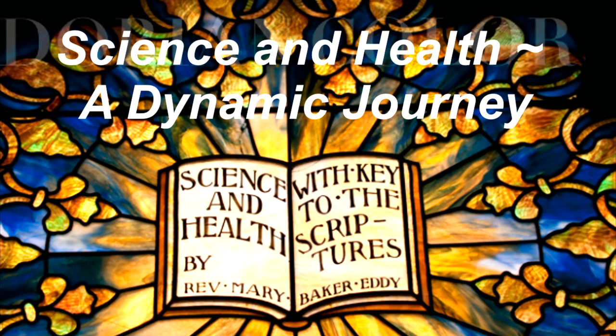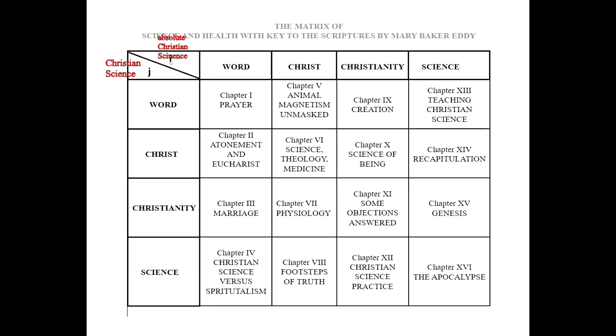So let's just take a little time now to build up this textbook matrix. We said that it is from the two levels of absolute Christian Science and Christian Science. These two levels then give to the indices their values, their tone, their pedal note.